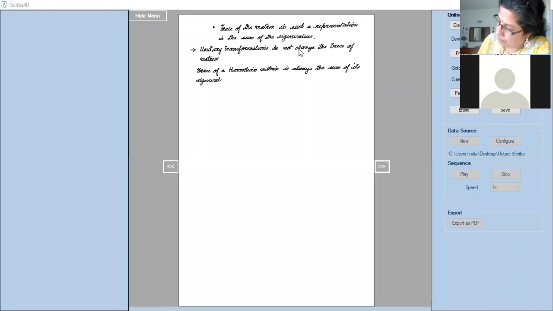So this is a very, very important theorem, and I hope you will remember it.